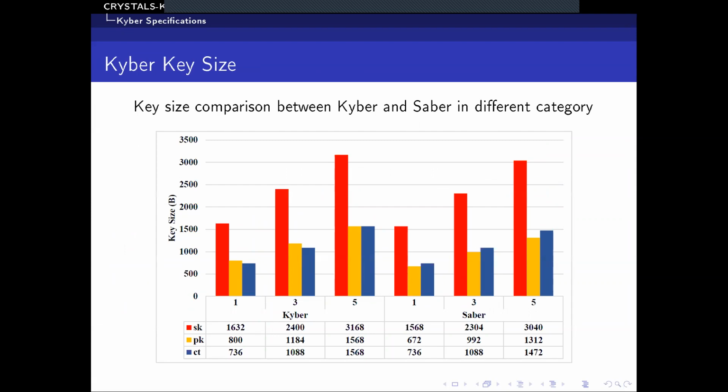Yes, here, for example, for category level 1, Alice uses the matrix A, which has a dimension of 2 by 2 by 256 elements.